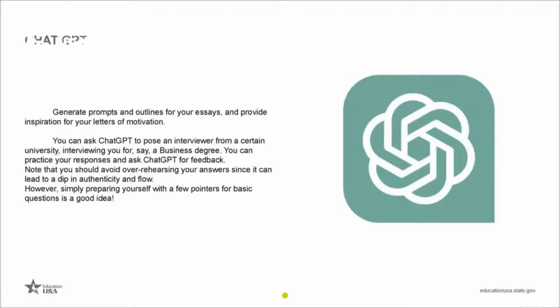You should use it as a helpful tool that will assist you, but not as a tool that will do the work for you. And I want to warn you that the admission committees of almost all universities are aware that you may use ChatGPT. So you should use it as a helpful tool, but not for completely completing your application.